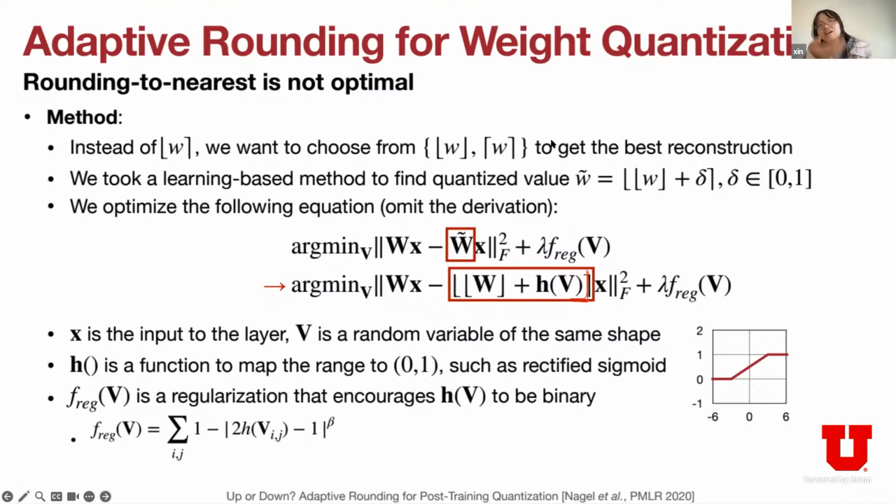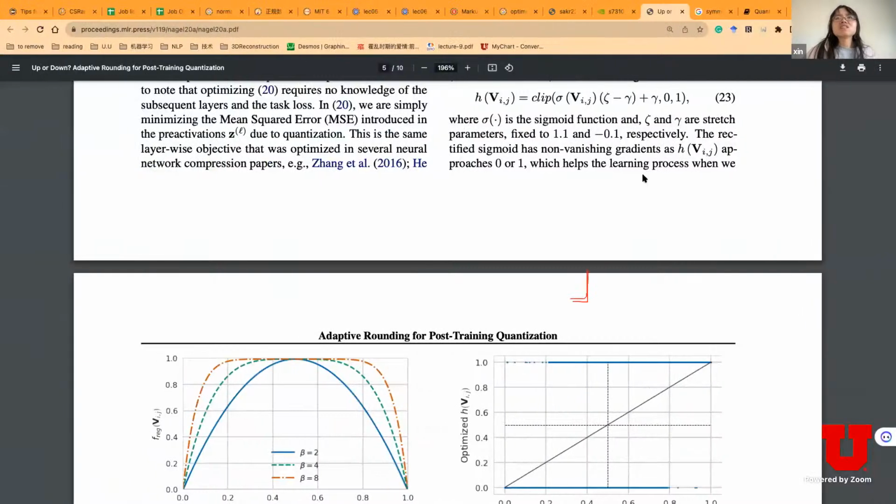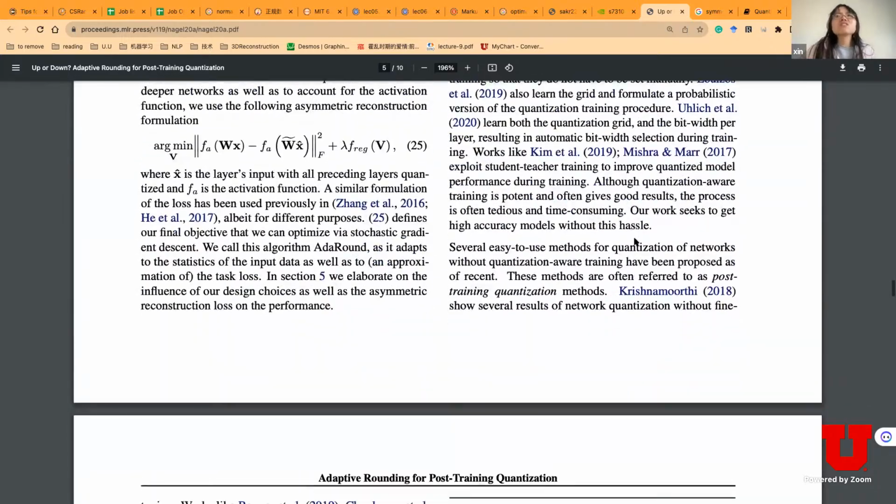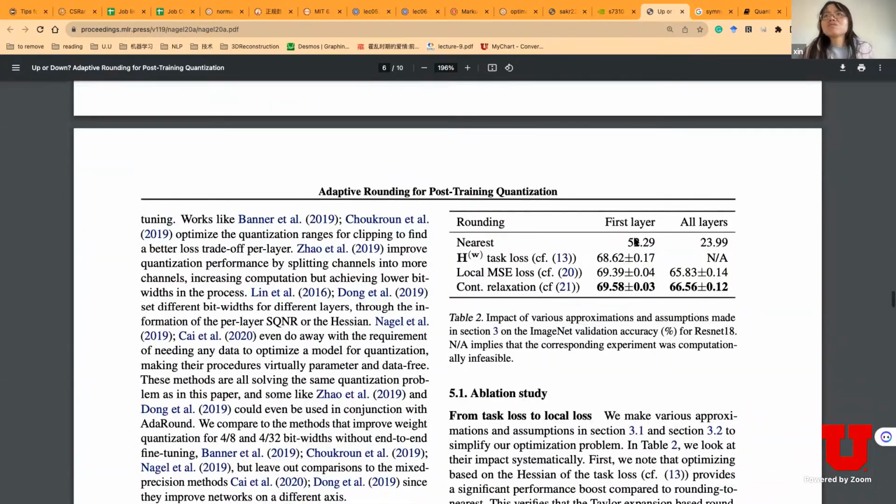Yeah, so I just want to introduce this idea here, and I didn't put the result of this paper in the slide, but maybe we can check some result.